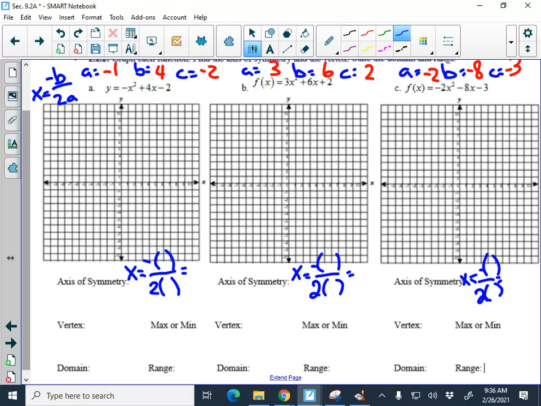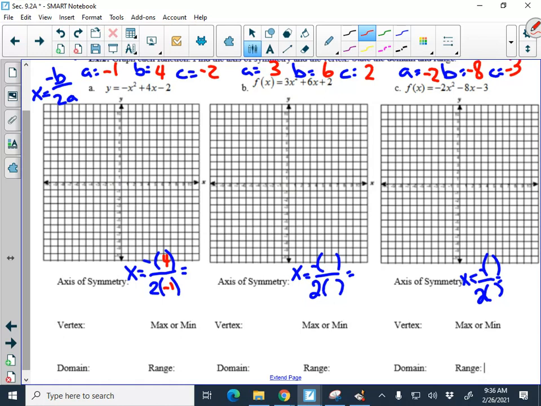So we go up to where we found those. We had 4 over 2 times -1. Now that's -4 over -2. What's -4 over -2?